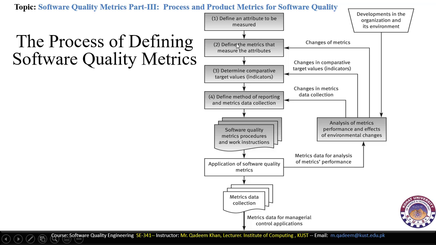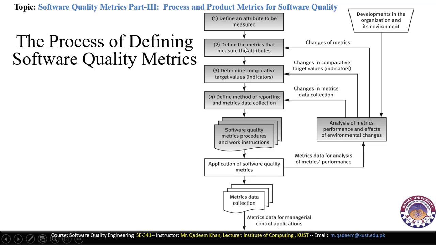Then we define the metrics that measure those particular attributes. So here we will identify a certain metric. These metrics will in fact measure the particular attribute which we have identified or defined in step 1. For example, here we can use the MTTF metric, or any other metric.